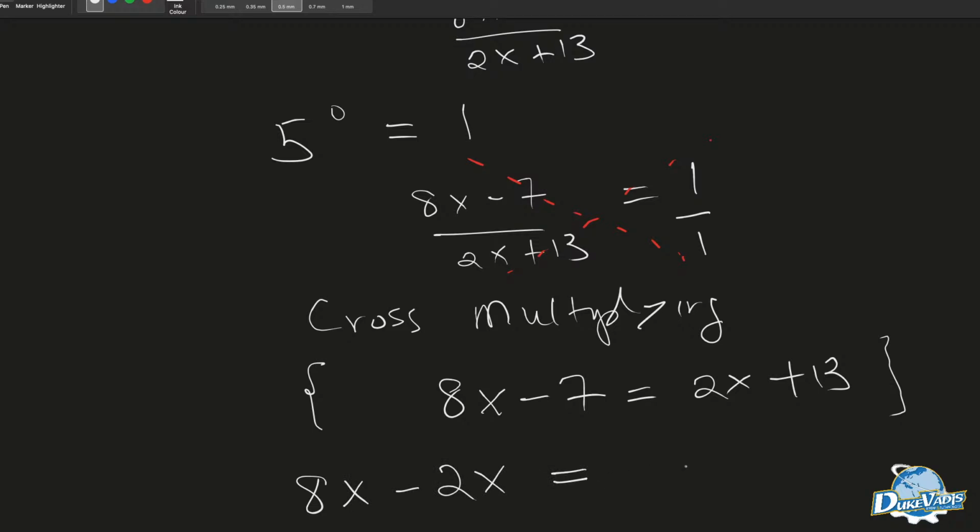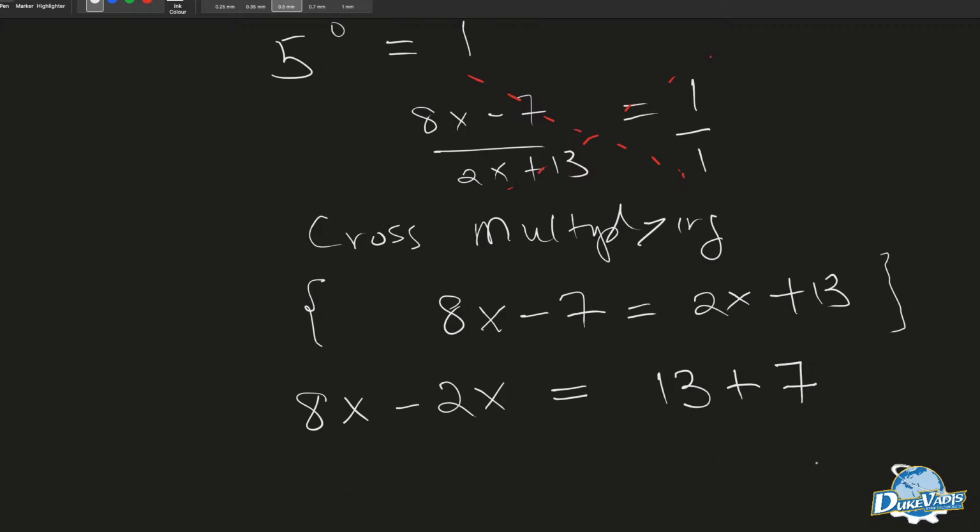And over here, I get 13 plus 7. So I've grouped the like terms. What I did to the 7 was add 7 to both sides. Now we see that 8x minus 2x will give us 6x. Friends, and 13 plus 7 will be 20.